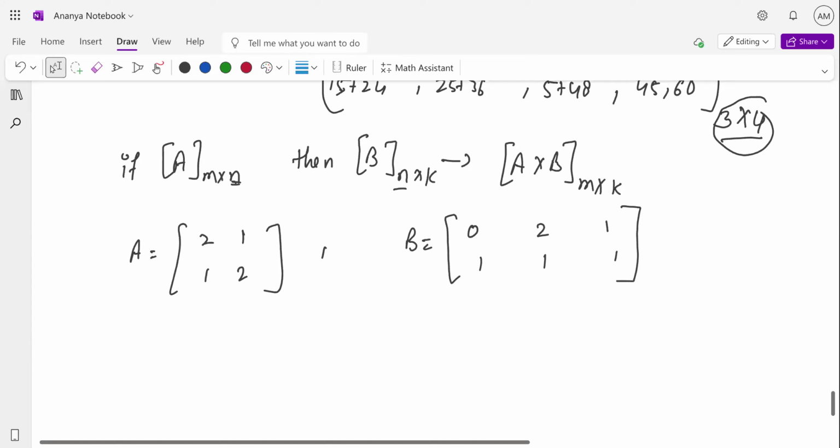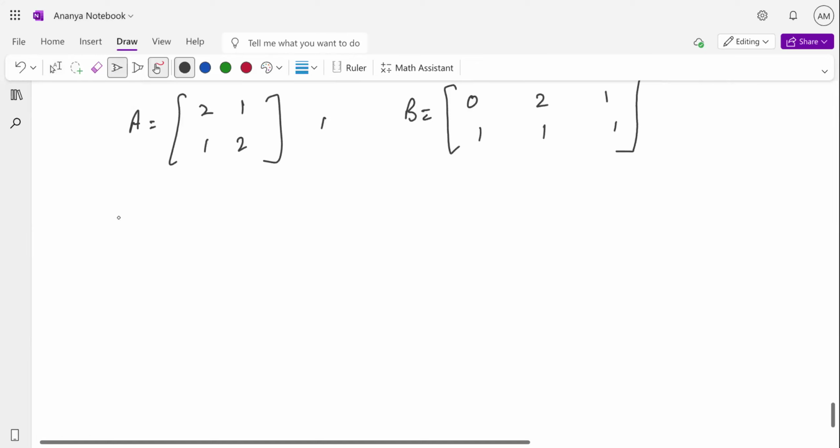The second row is 2, 4, 3. Exactly, so this will be your answer. The next one we come up with is properties of matrix multiplication.